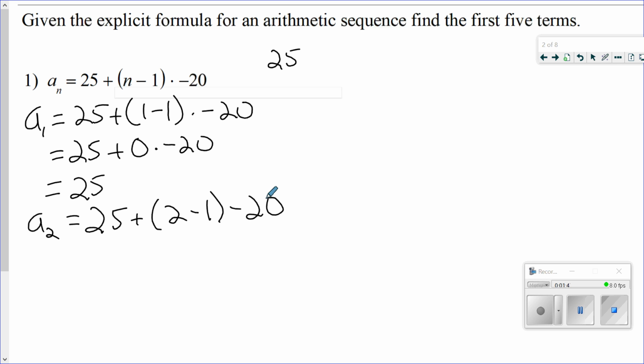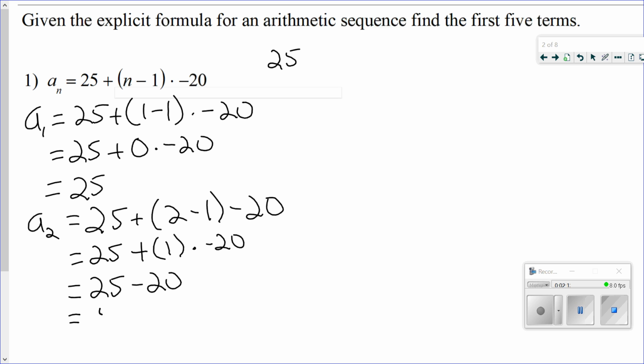Once I do that, I'll have 25 plus 1 times negative 20. And that'll get me 25 plus a negative 20, or 25 minus 20. That gets me 5. So the next term would be 5.